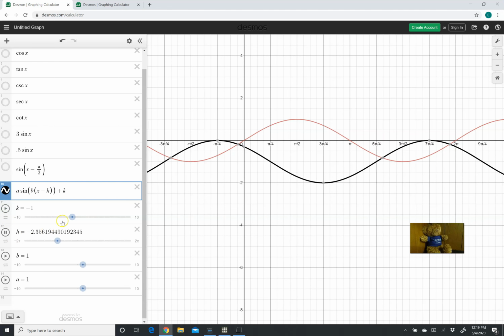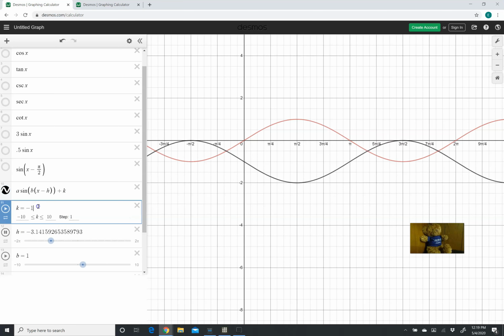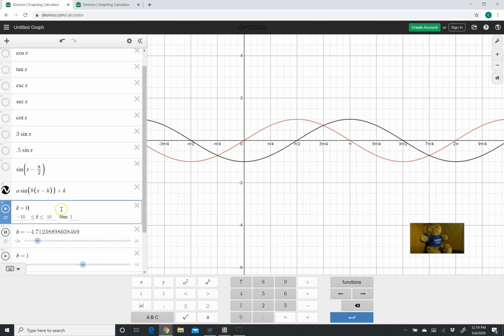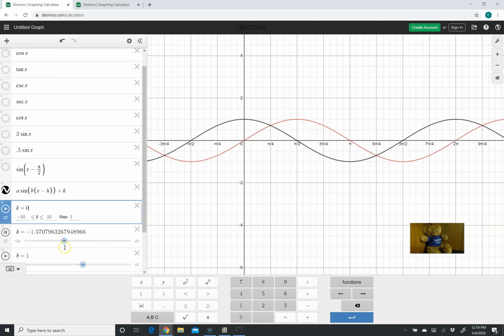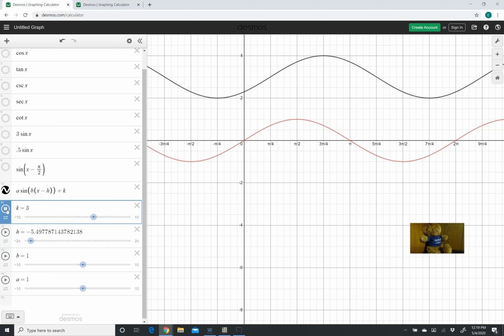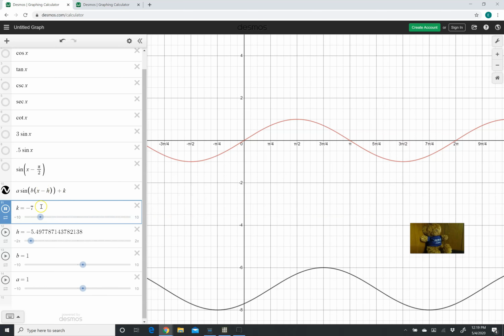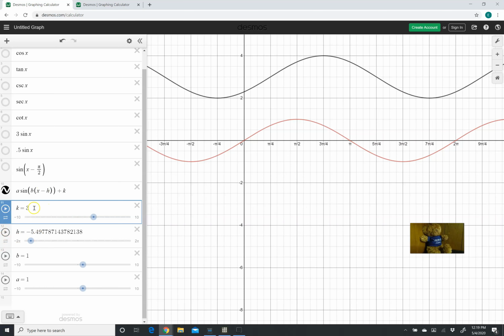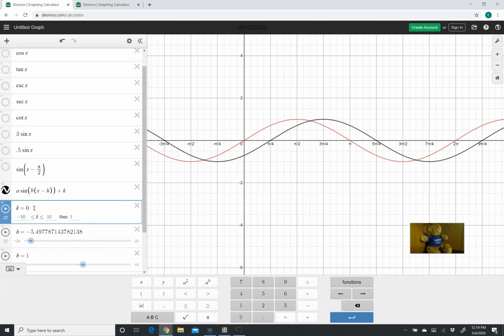Okay, we're moving it left or right. Let's move this back to 0. Sorry about that. Okay, now we got it. So this is moving it left or right, right? The H, it moves it to the left or to the right, okay? Whereas when we move the K, we moved it up and we moved it down, okay? It goes up and down. The H is what is moving it left and right. So let's put these back at 0.